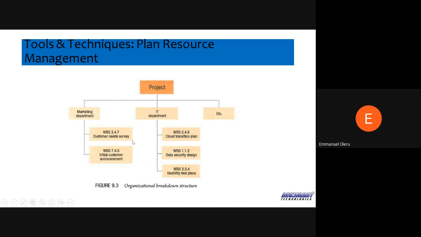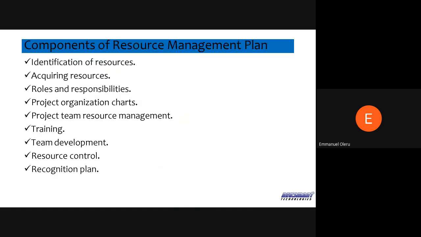They need to give us a customer needs survey, an initial customer analysis, and handle the initial customer announcement. And in the IT department, in their work breakdown, they're supposed to provide a cloud transition plan, data security design, feasibility test plan, and all that. So this is also another way to break down resources in an organization.